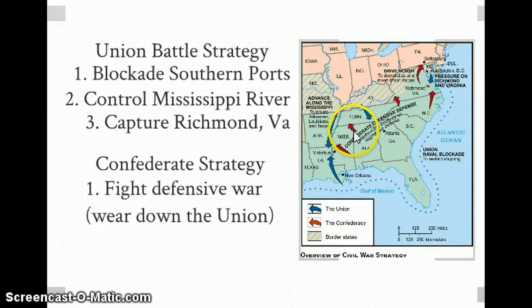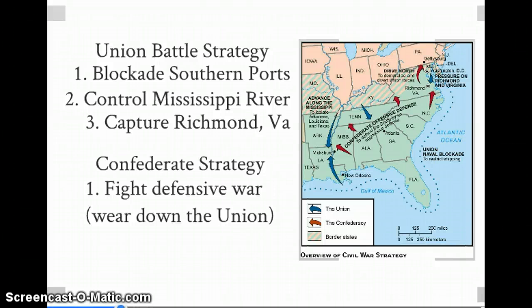I want to take a minute to point out 4 states here: Missouri, Kentucky, Maryland, and Delaware, that you see shaded in this blue-pink combination. Those were states in the Union, but slave states. Slavery was legal, and President Lincoln was very concerned that those states remain in the Union.